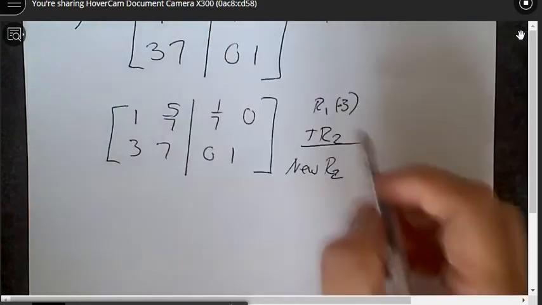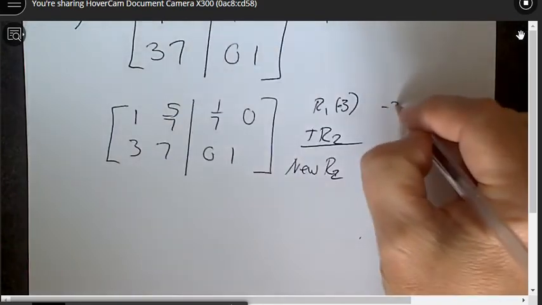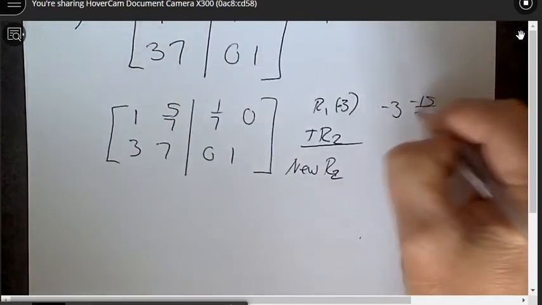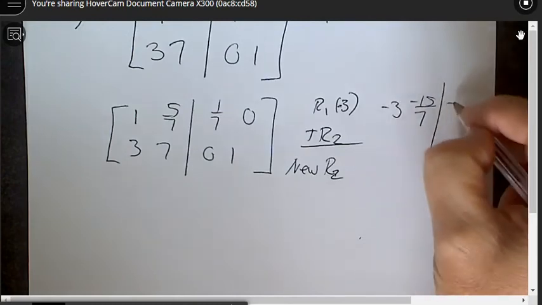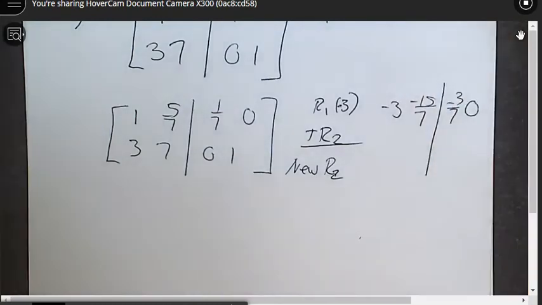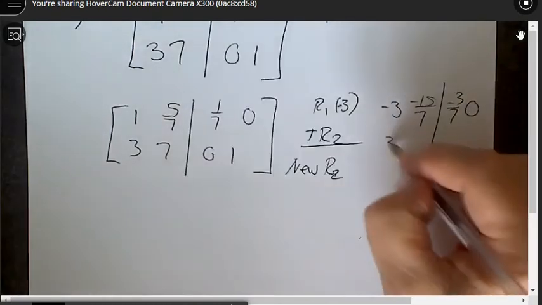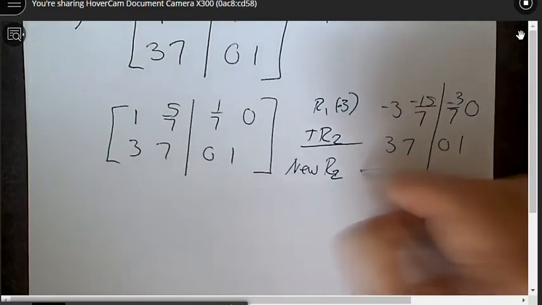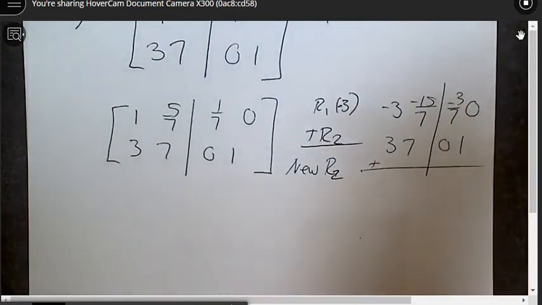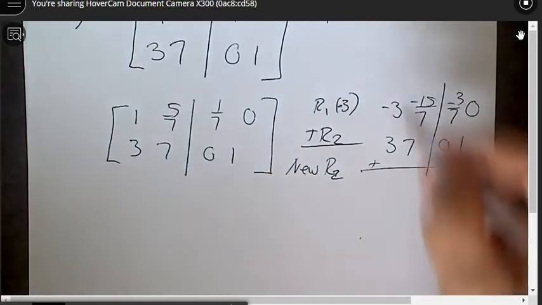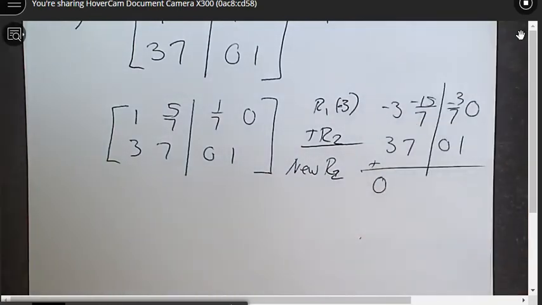Okay, so multiplying everything by negative 3, that is negative 3, negative 15 over 7, negative 3/7, 0. And we're going to add that to row 2, and that's going to be our new row 2. So we get 0, 7 minus 15/7.